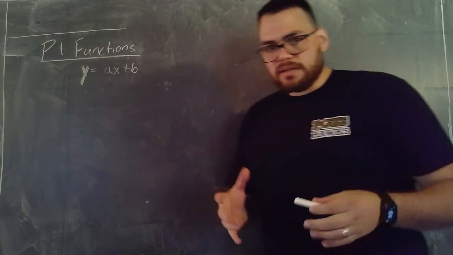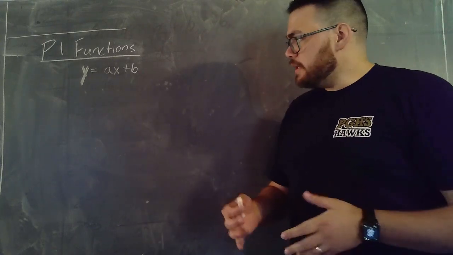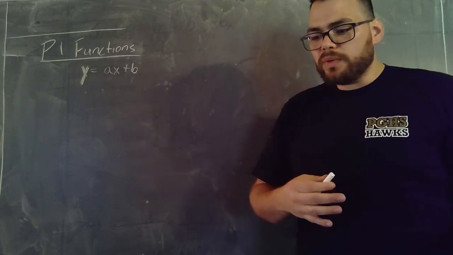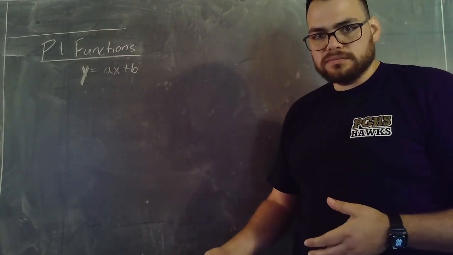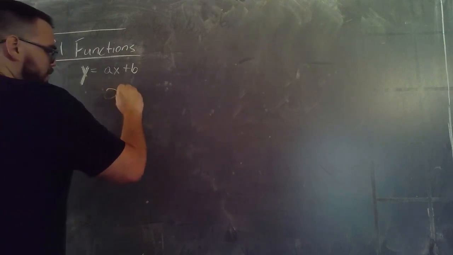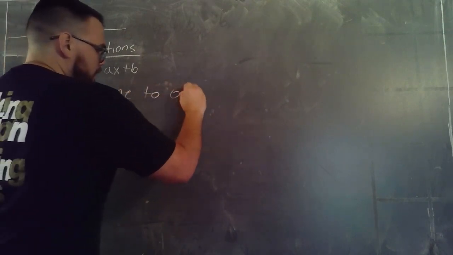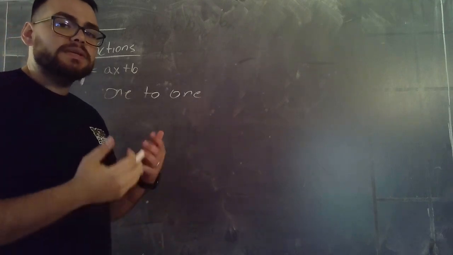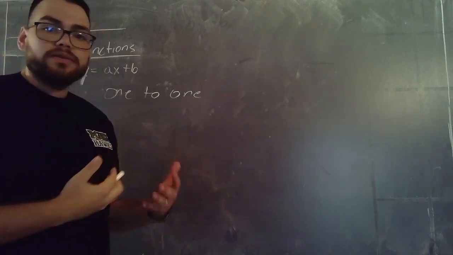Now, one of the things that I really wanted to make mention here is the fact that this particular function is what we consider one-to-one. Okay, so a one-to-one function is a function in which its dependencies actually go the other way.